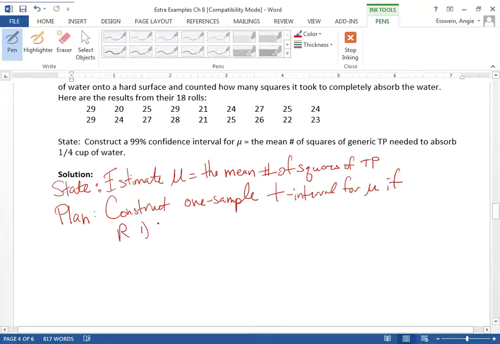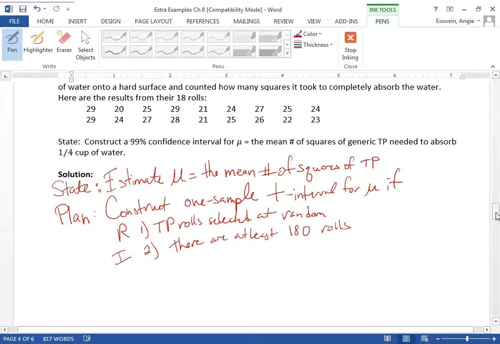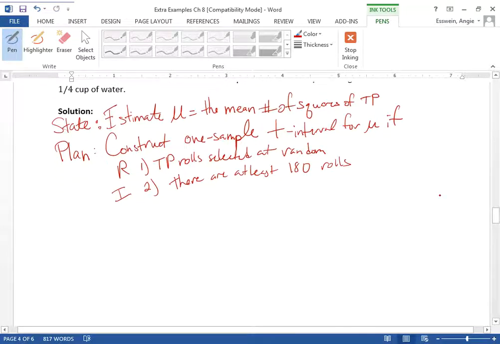So random: the toilet paper rolls were selected at random. The independent condition is true because there are at least 180 rolls, so the 10% condition is met.